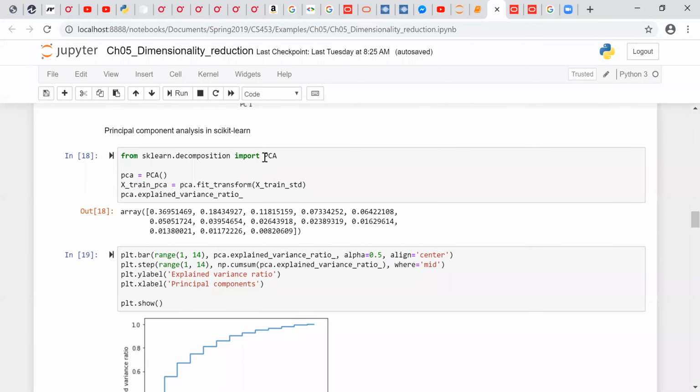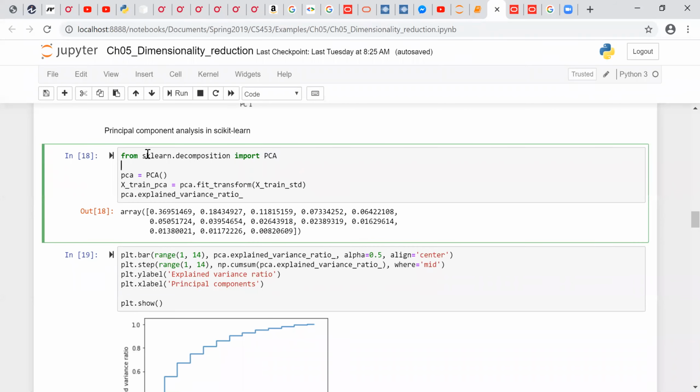Next, sklearn also provides PCA, which comes from the decomposition package. If you want to do it, you first create a PCA object, and then similarly you do the transform.